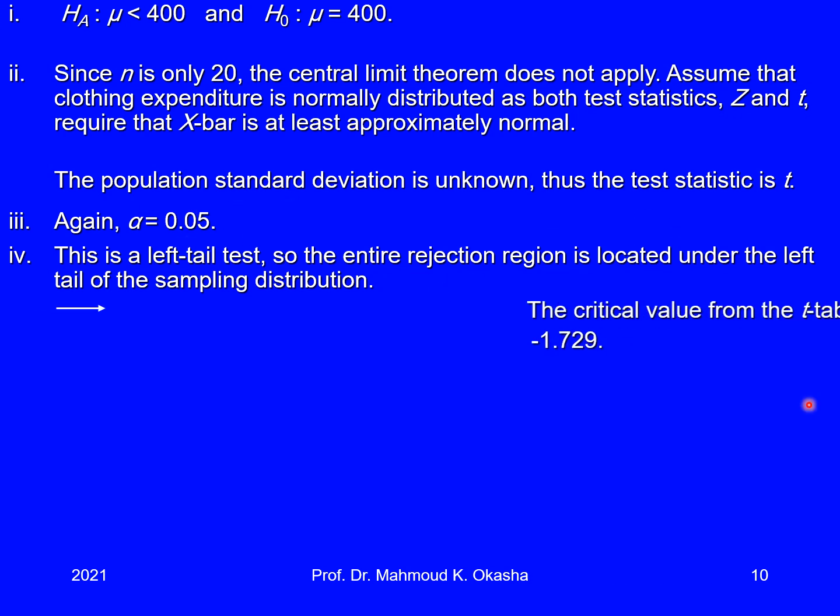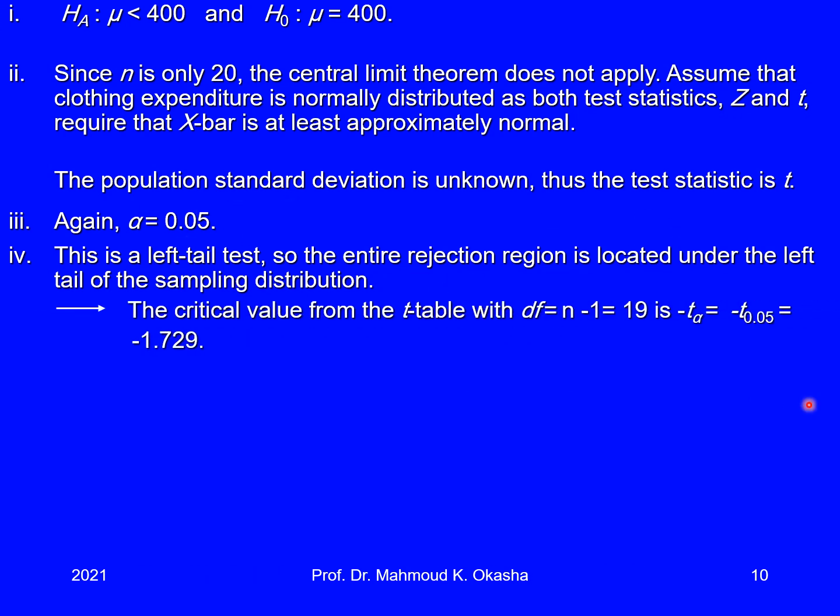We compute from the t table with n minus 1 degrees of freedom, which is 19, the t at 0.05, and we find it in this case to be minus 1.729.